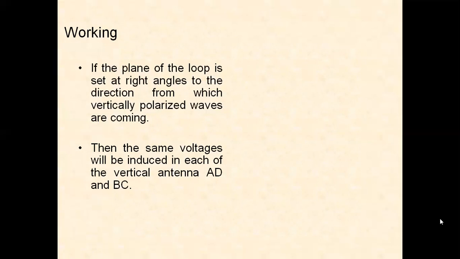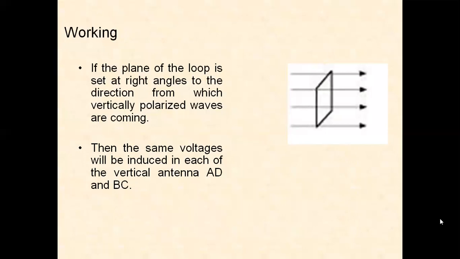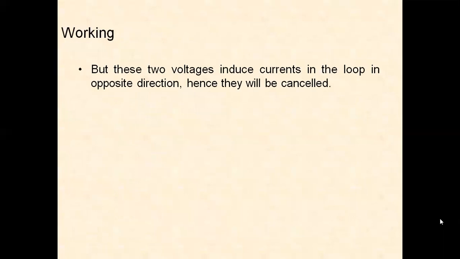We have the arms A, B, C, D. But these two voltages induce currents in the loop in opposite directions, and hence they will be cancelled out. When they are in opposite directions, there will be a cancellation.